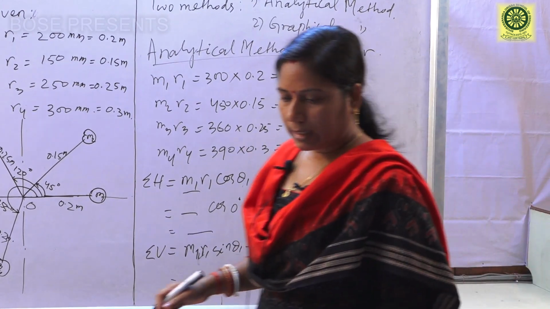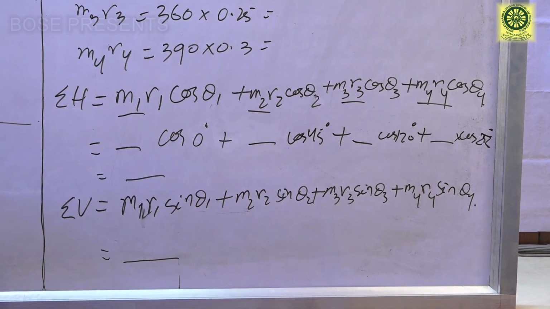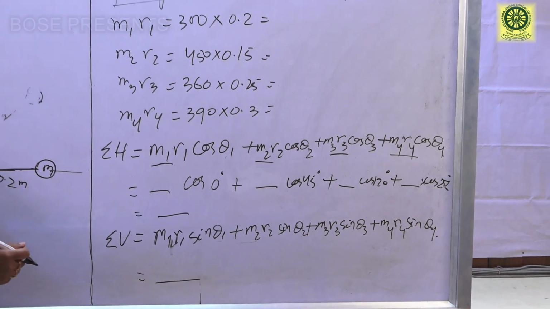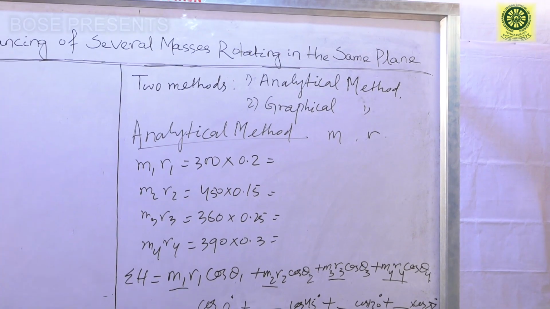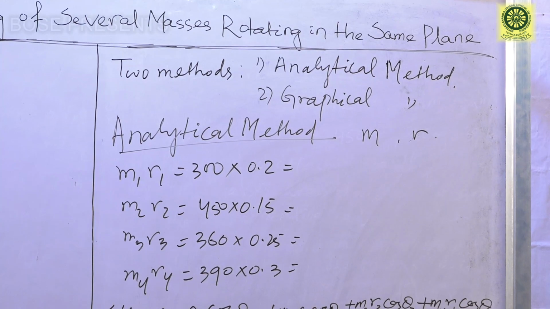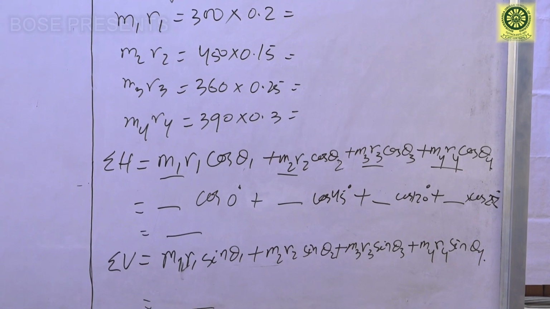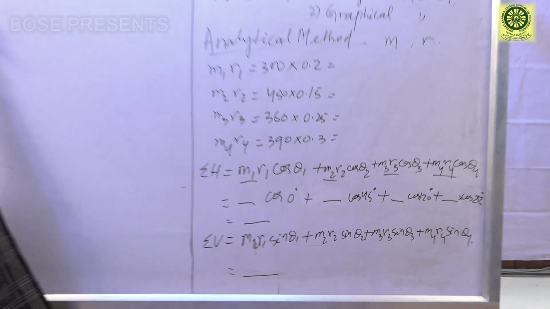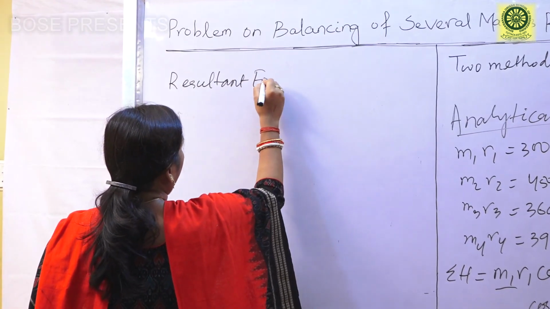So after getting the summation of horizontal and vertical, now I am erasing this part. Already you have calculated the summation of horizontal and summation of vertical. Now to find out the resultant force.